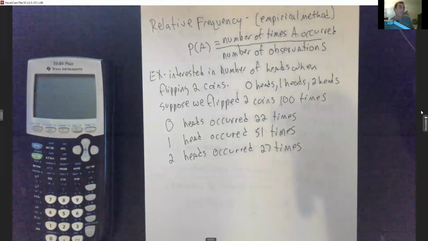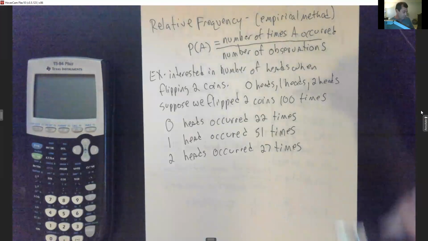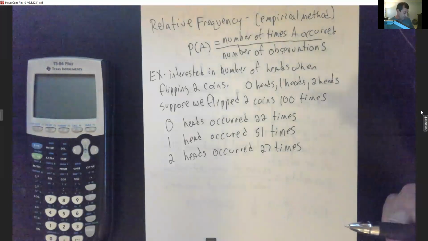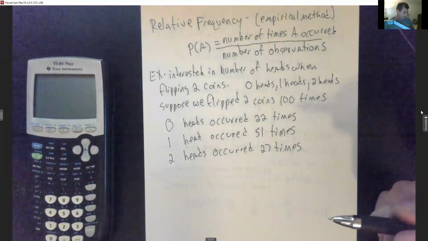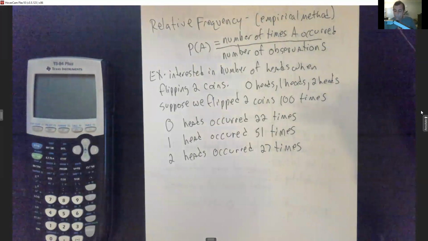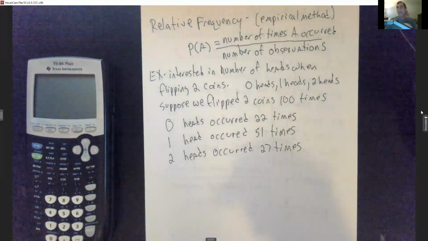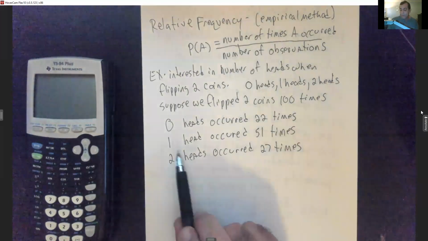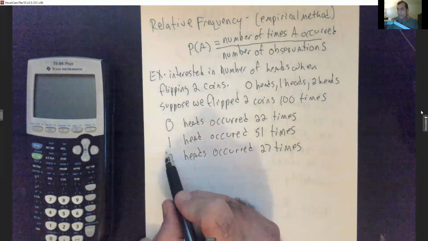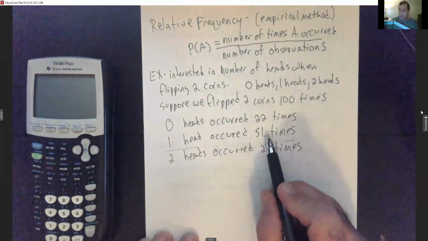So we did that theoretically. So now we're going to approximate what we would get. We want to know, basically, 1 head and 1 tail would mean that you're getting 1 head. So we flipped it, and 51 times we had 1 head.